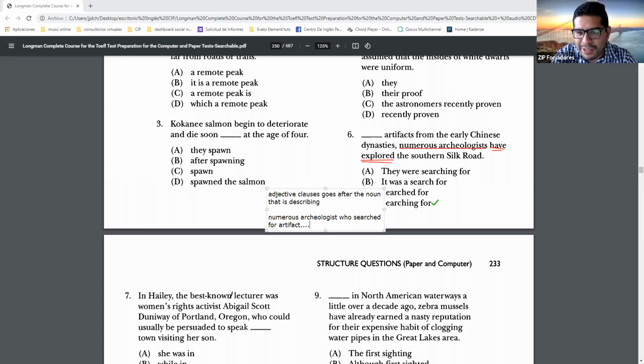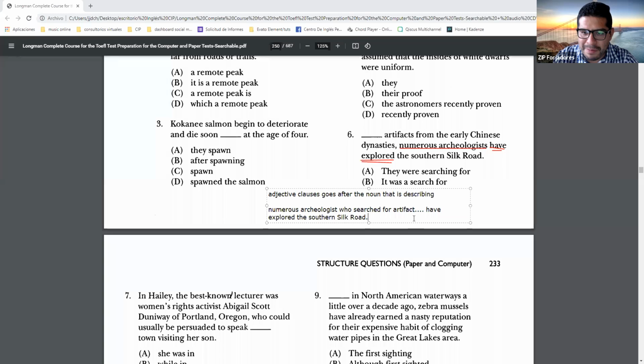And then I am going to complete the main sentence or the main clause, that is, have explored the southern Silk Road. You understand? So this is the complete one, and I am going to put the adjective clause connector after the noun that it is describing, which in this case is archaeologists.